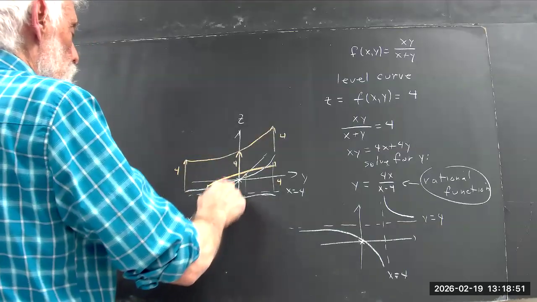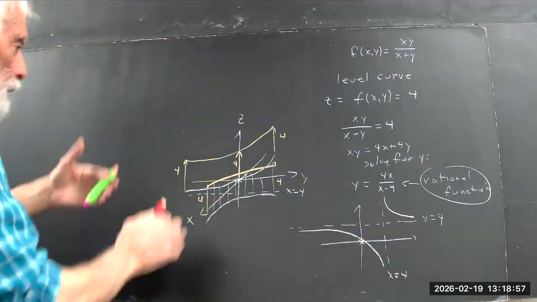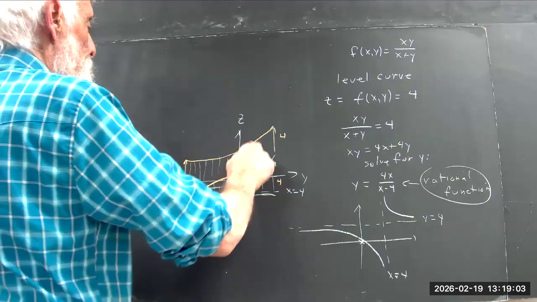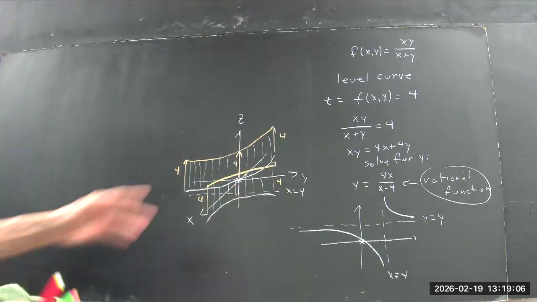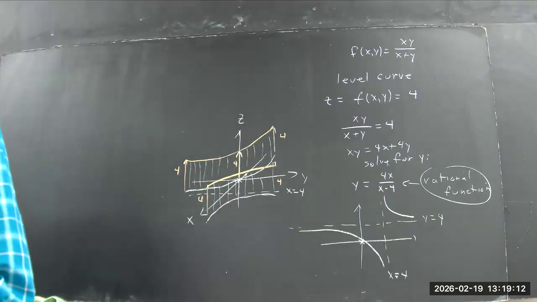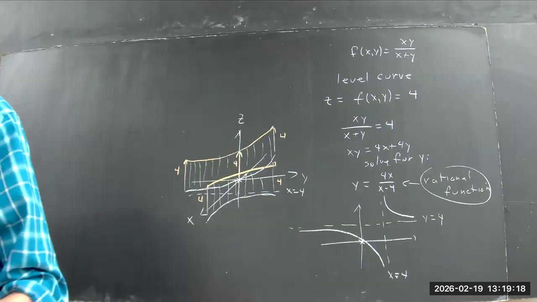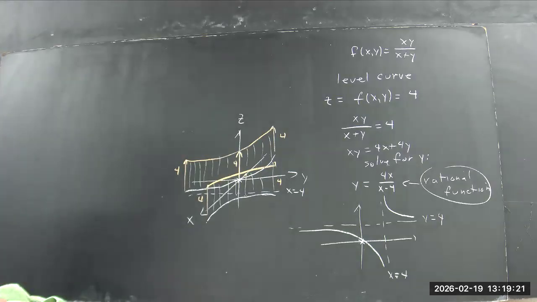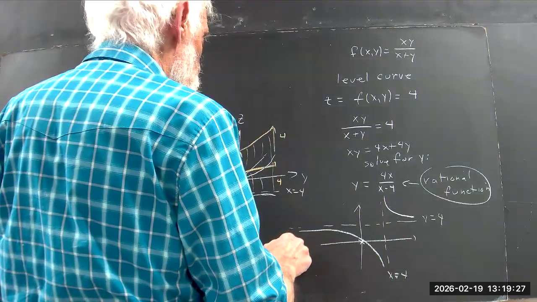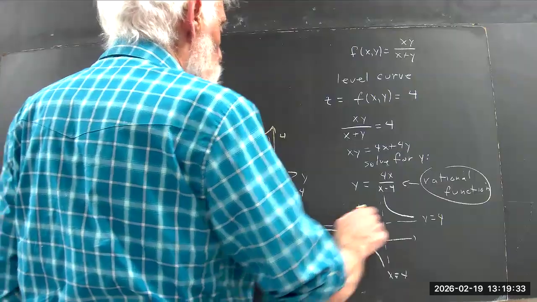And this curve is directly above this thing, which is really this thing looked at from a different perspective. And over here, same thing. So right here is part of your graph of the function, the three-dimensional graph of the function f of xy equals xy over x plus y. That's a level curve. Okay? We could also now label this thing as z equals 4 curve.